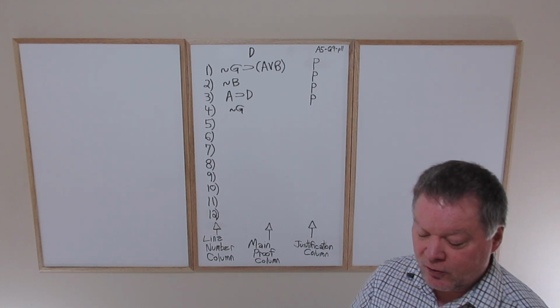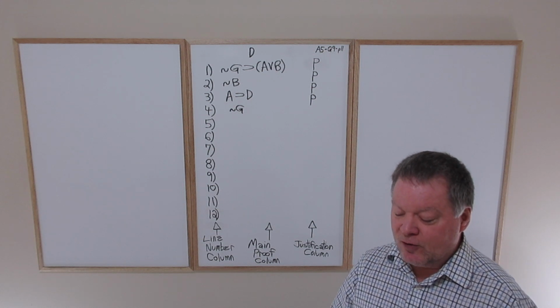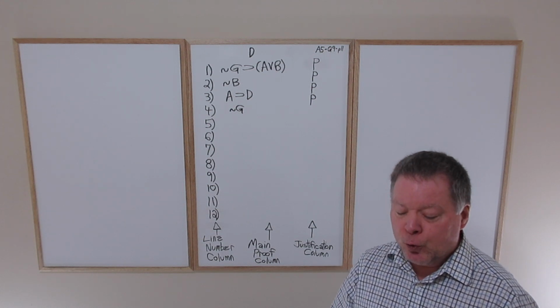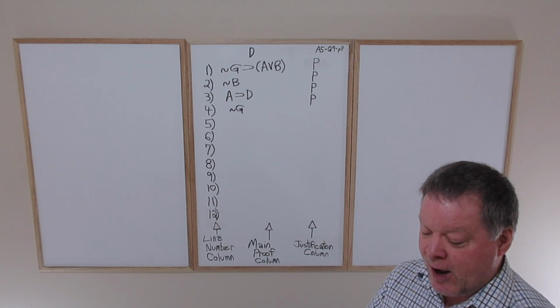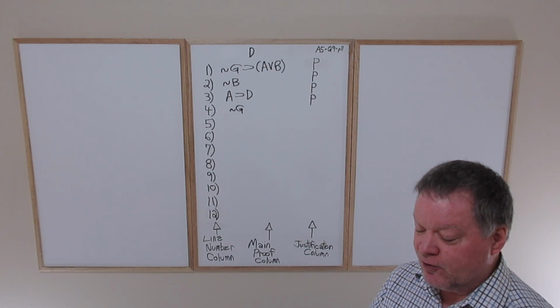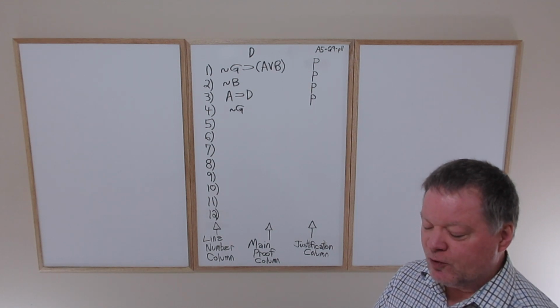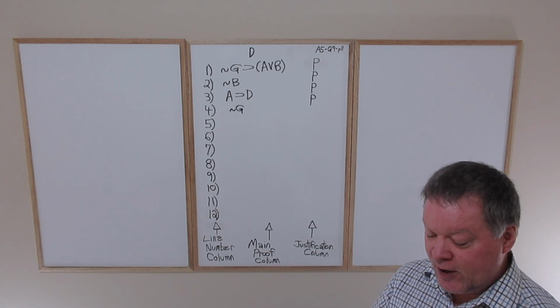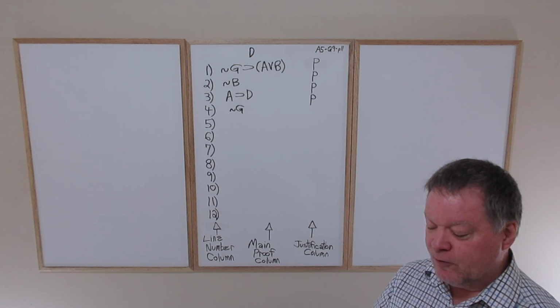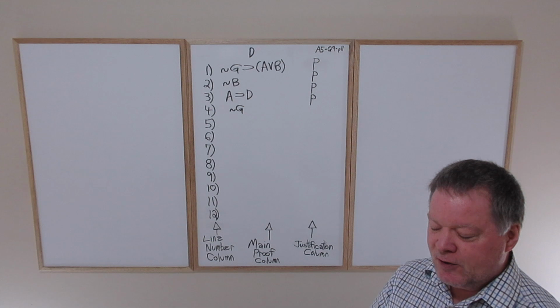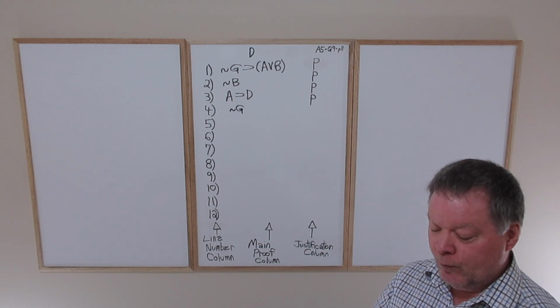In other words, if all of the sentences above the line are true, then it is necessary for the sentence below the line to be true as well, or another way of putting it, it's impossible for the sentence below the line to be false.